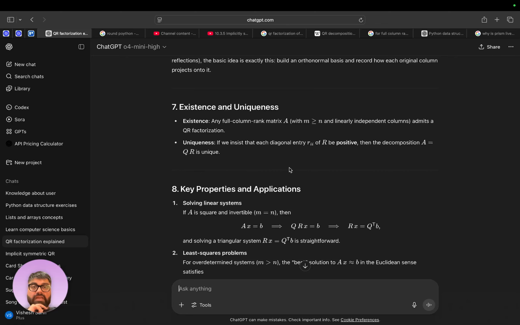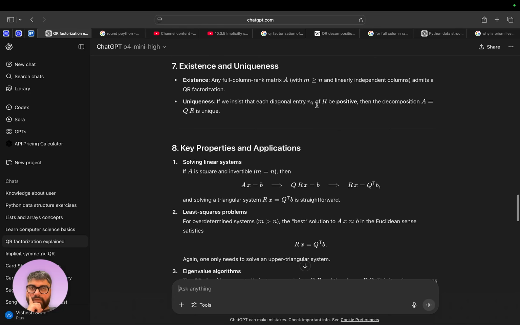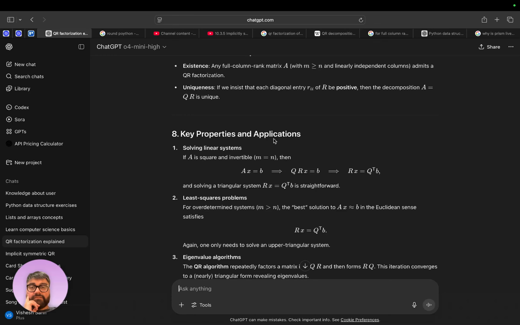I'm assuming that means if the diagonals of R are always positive, then there's only one A equals QR. Not really sure about that understanding-wise, but I believe it.